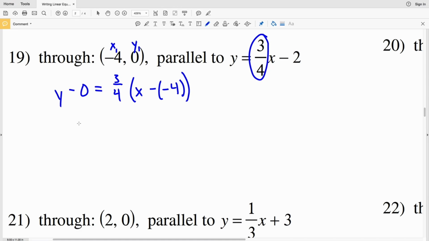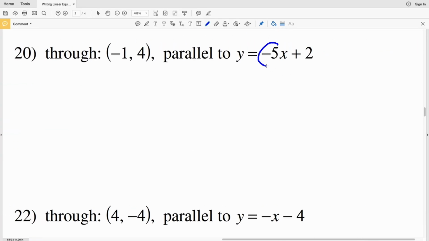Simplifying, y minus 0 is simply y, and that's equal to 3/4 x minus the negative, plus the positive. So y equals 3/4 times x plus 4.